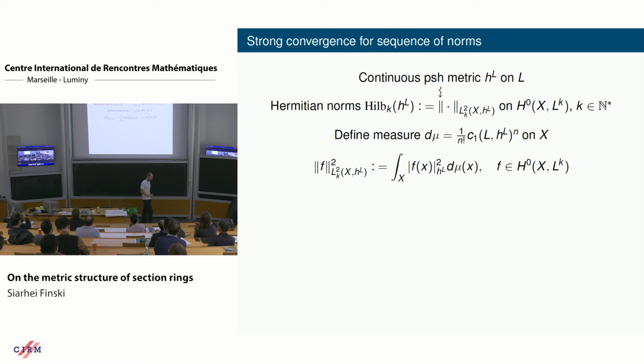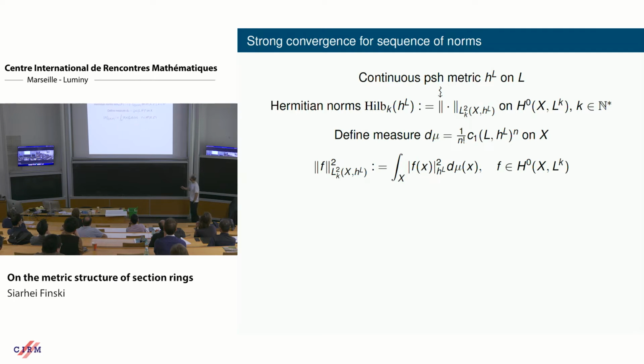As I explained previously, to define it, I will need a procedure producing, out of a continuous PSH metric, a sequence of norms or pseudonorms on the section ring. And for this, I will use the famous construction called Hilb associated to a continuous PSH metric, which consists essentially in associating the L2 metric on the cohomology.